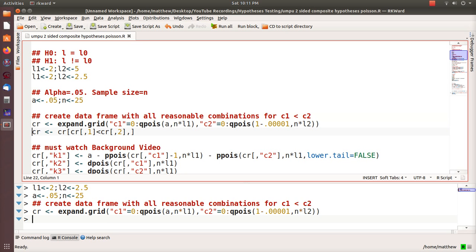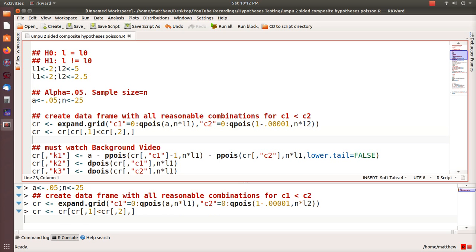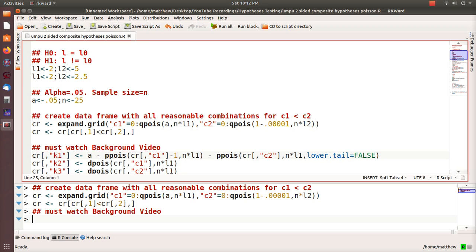We find all possible combinations of C1 and C2 that could be part of the rejection region. Then we keep only the ones where C1 is strictly less than C2. Now these K1, K2, etc., you have to watch the previous video on the list.